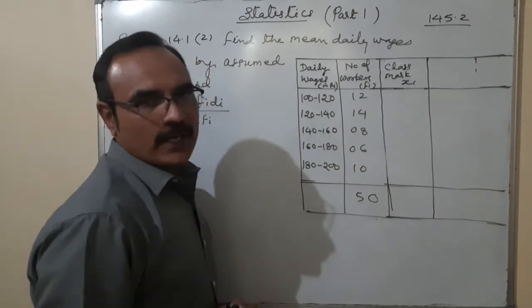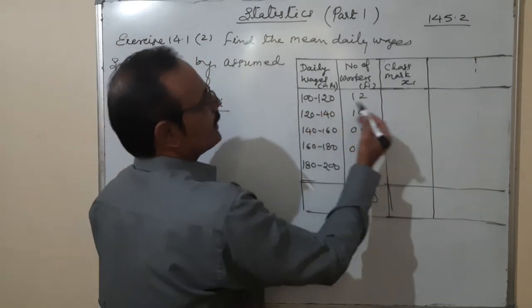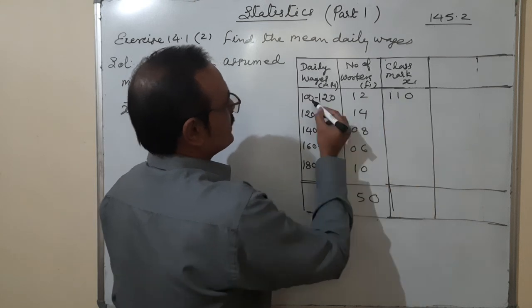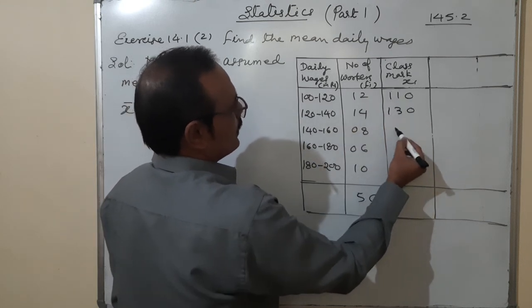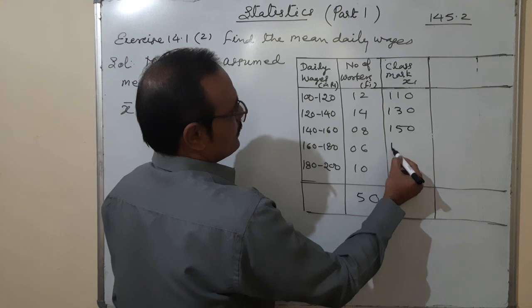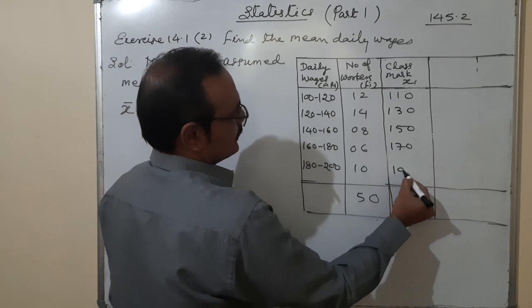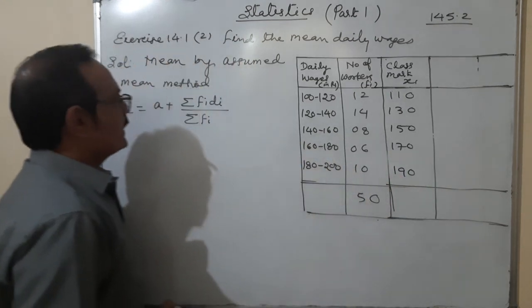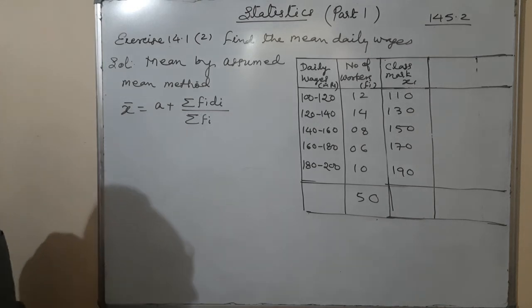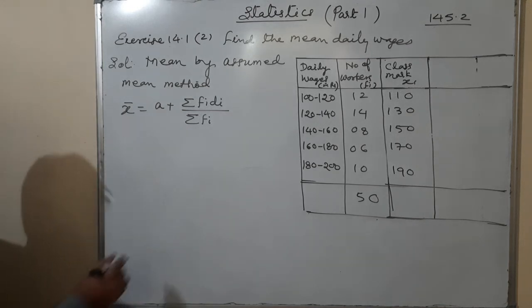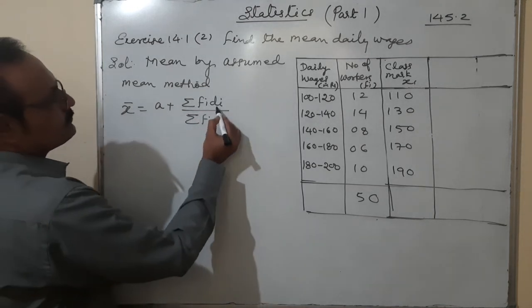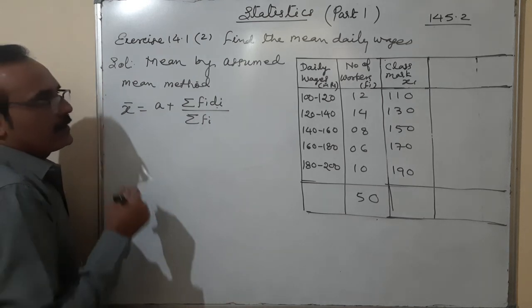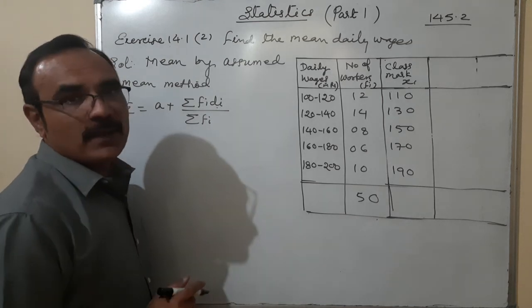How to find the class mark? Add and divide by 2. Same question: 130, 150, 170 and 190. Okay. The next column is di. What is di? Di is equal to xi minus a.